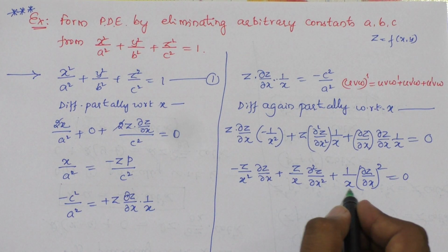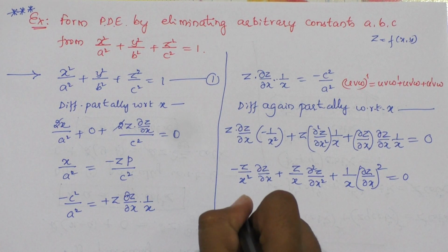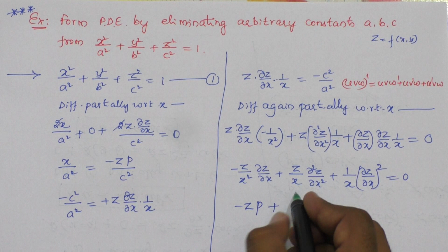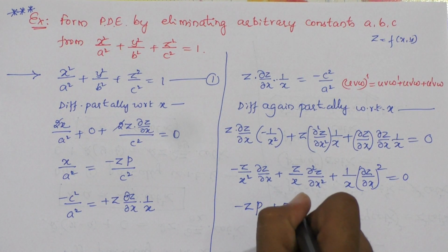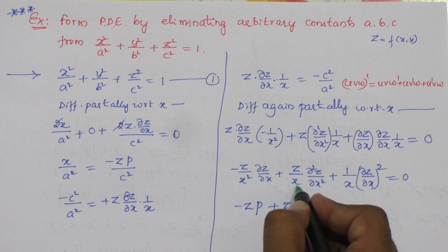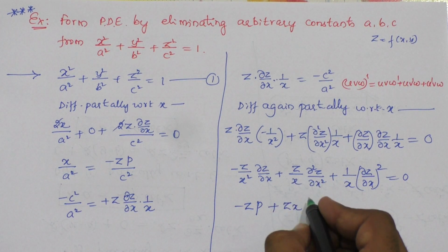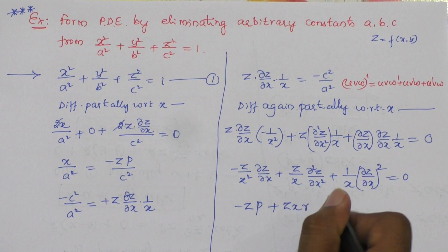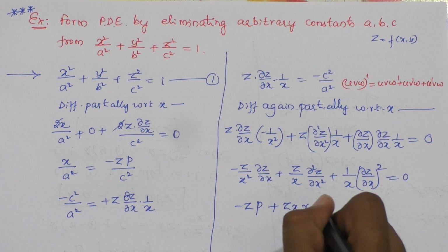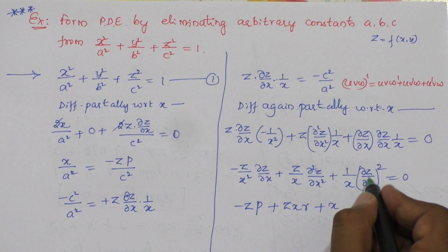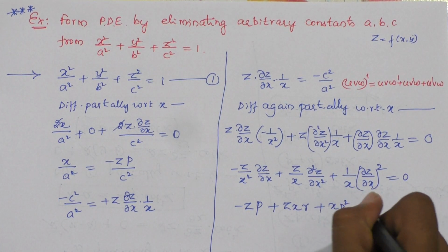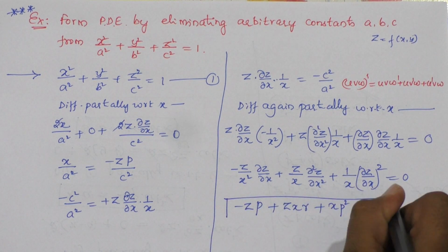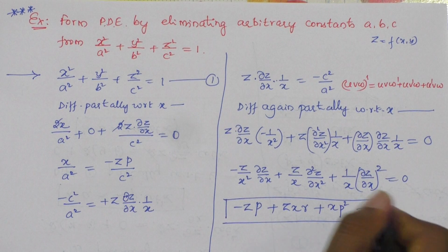Minus z, dou z by dou x is p, so minus z p, and the x gets cancelled; z by x into x times r, plus 1 by x into x, this is p square equal to 0. So this is what we get, the PDE for the given problem.